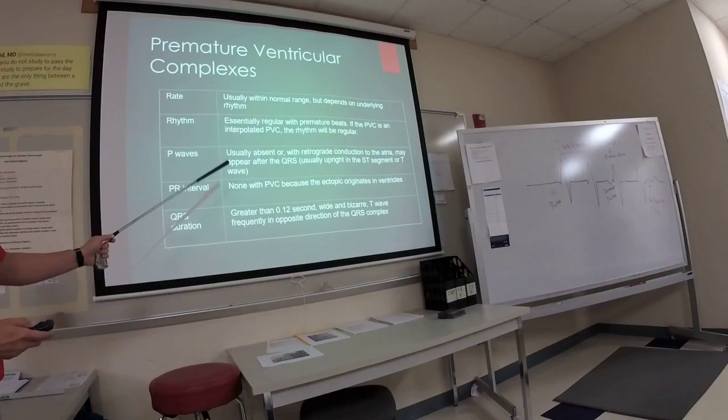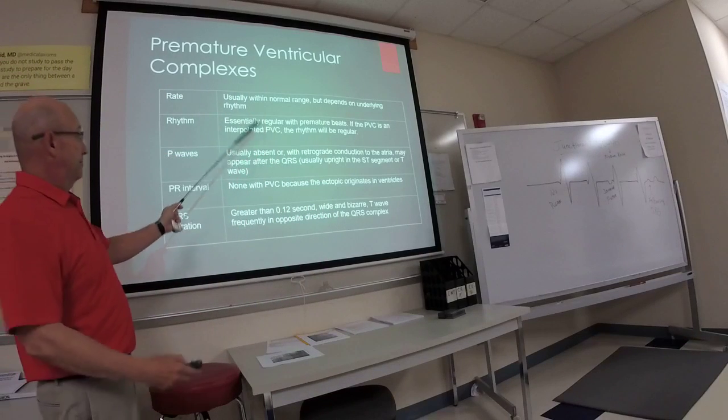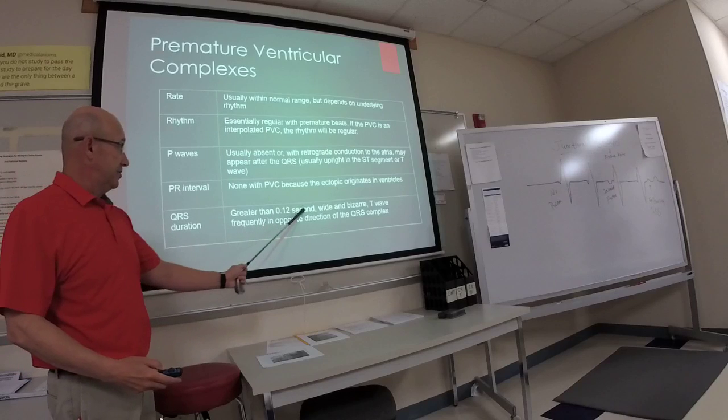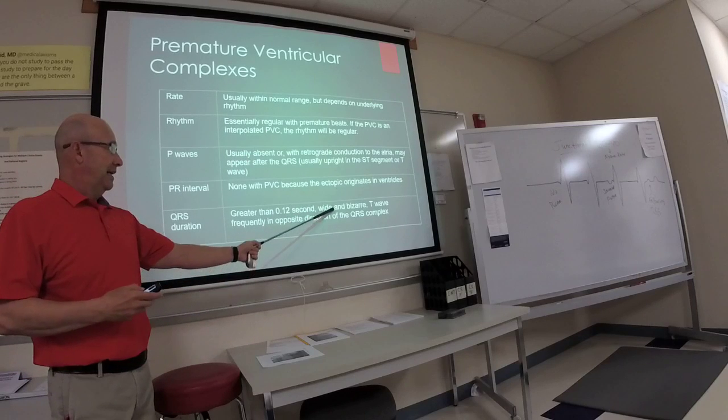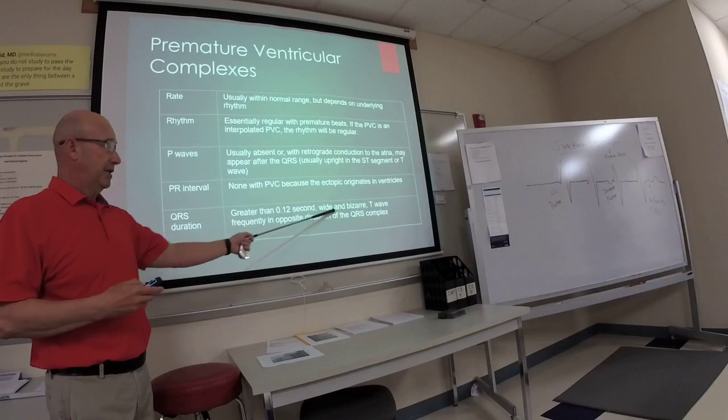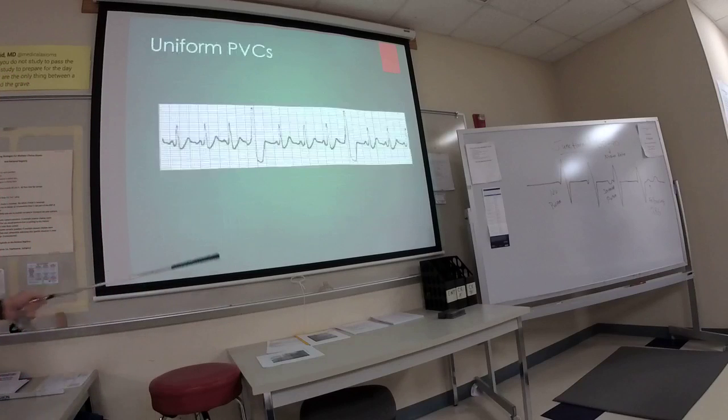So with PVCs, the difference is that the QRS complex is going to be wide and bizarre looking. Okay, wide and bizarre. So let's look at this. What's the underlying rhythm? Well, a sinus rhythm, right?